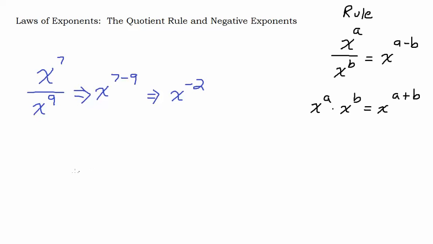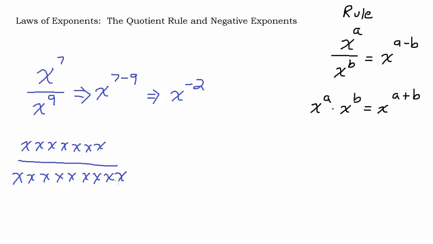Well, I also know if I were to write this out and then cancel, I should make these exponents smaller, huh? 3, 4, 5, 6, 7, 8, 9, and I cancel these out, I would end up canceling 7 of these x's, right? And what would I be left with? Well, in the numerator, I don't have anything left. Remember, x divided by x is 1, so technically there's 1 on all these.